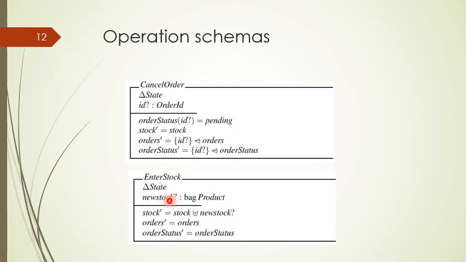So this is basically an input variable, and there is no precondition to enter the stock in a system. And all three primed predicates would be the post condition, and the state variable stock will be changed by taking the bag union operator with the stock variable and the new stock variable, and the rest of the state variables would be unchanged.